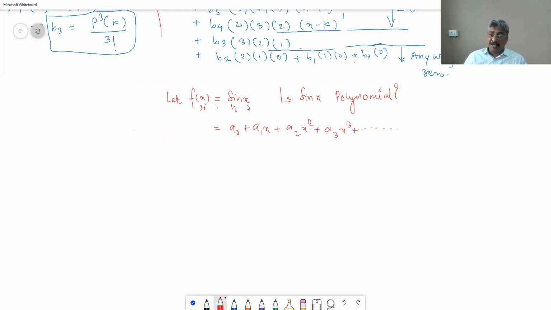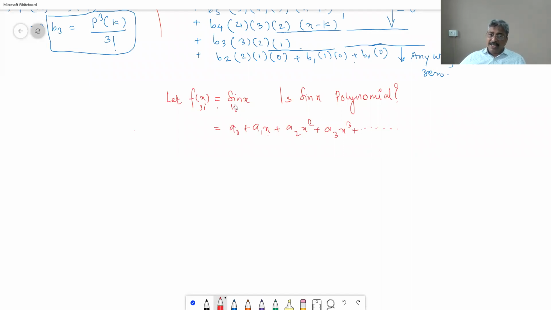But if I can say reasonably well that yes, sin x can be written like this, and if you want an accurate value of sin x, you write this polynomial up to x raised to 100. You will get the exact value. You write it up to x raised to 20, you will get the exact value. Or you leave it; maybe the next terms may not matter. They are so small, they will not contribute.